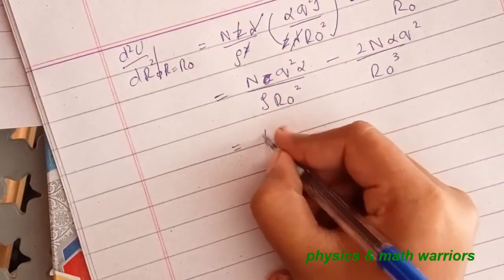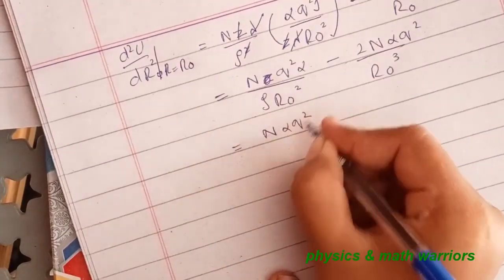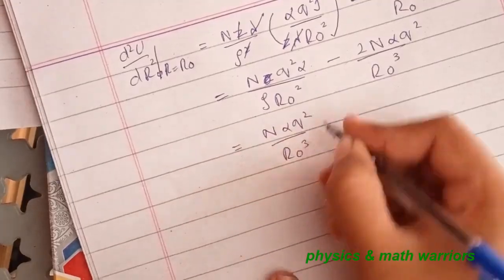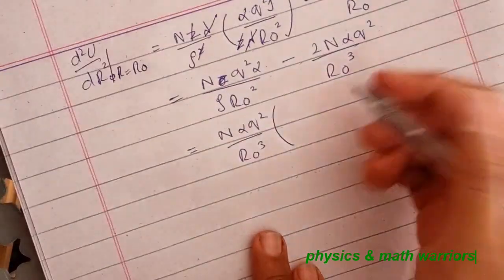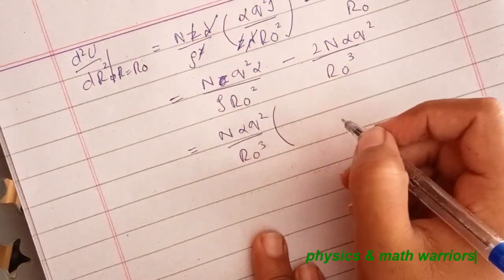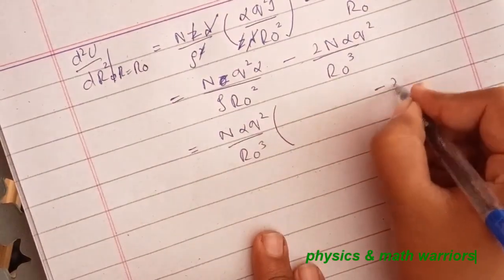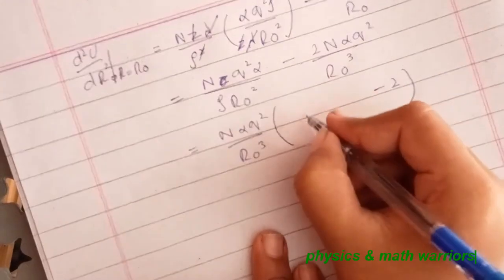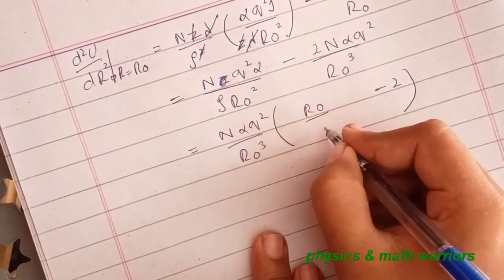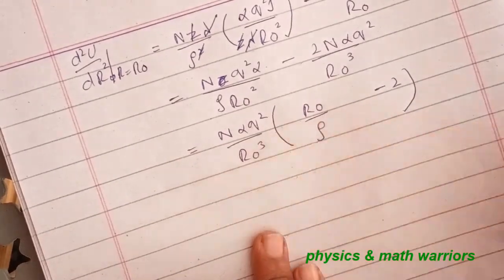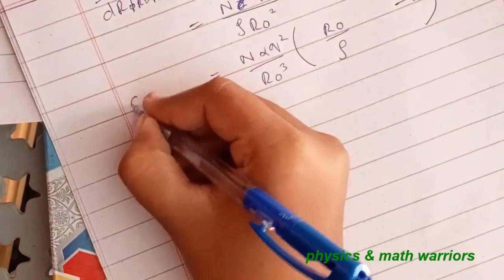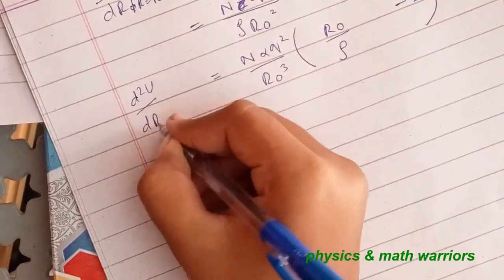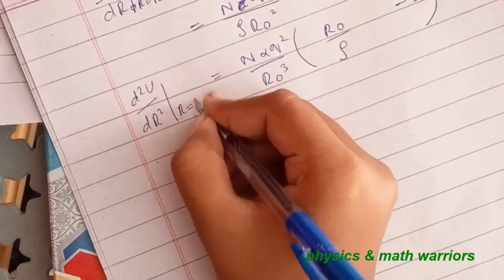Now we take common n alpha q square over r naught cube. So this becomes r naught over rho minus 2, which is d square U over dr square at r is equal to r naught.